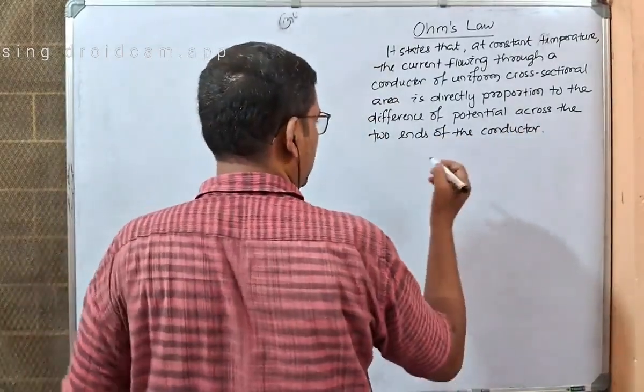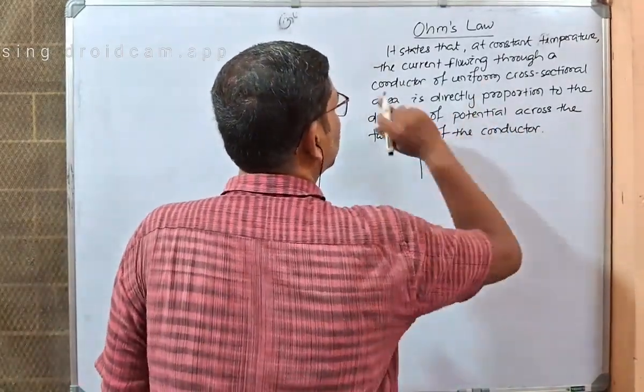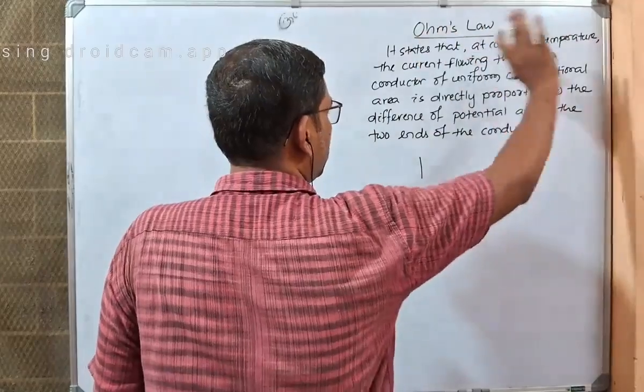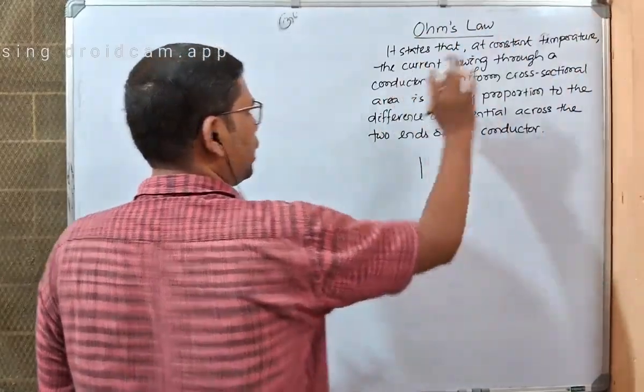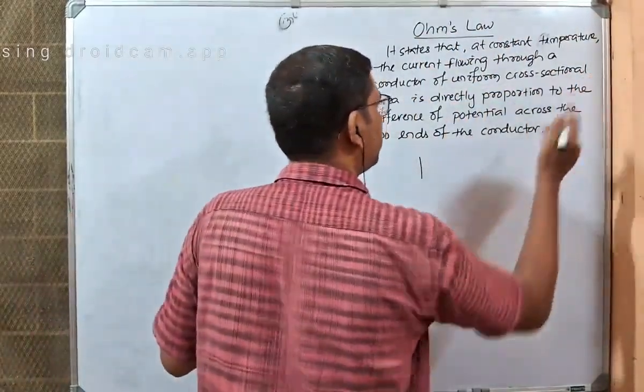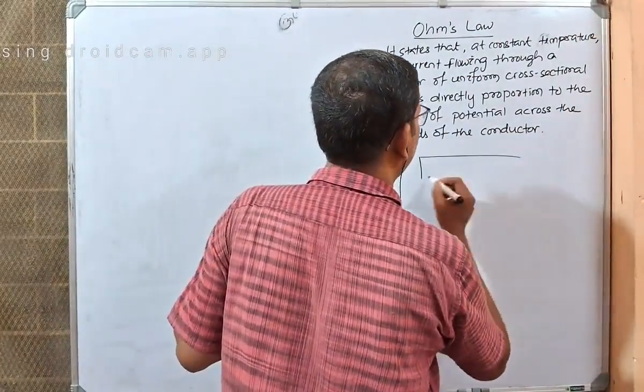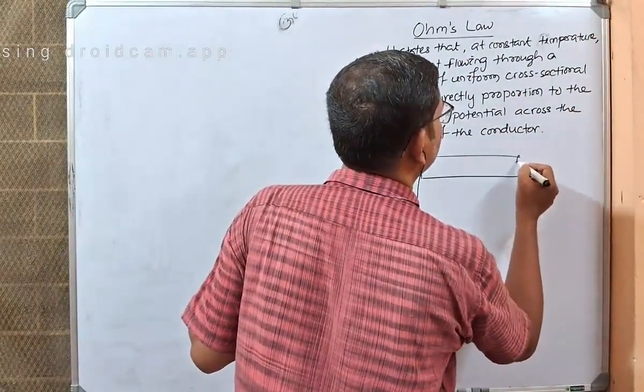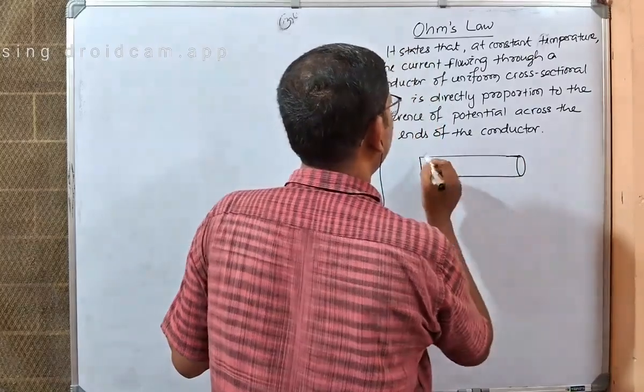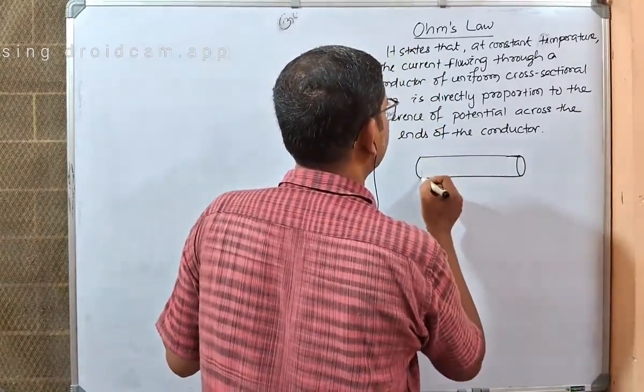That means if we have some conductor, at a constant temperature we are not going to change the temperature. The current flowing through a conductor of uniform cross-sectional area. So let's draw a conductor of uniform cross-sectional area. It has the same cross-section throughout the length.